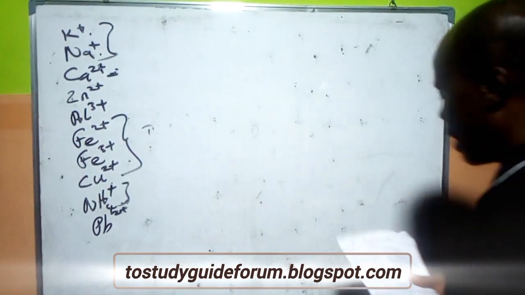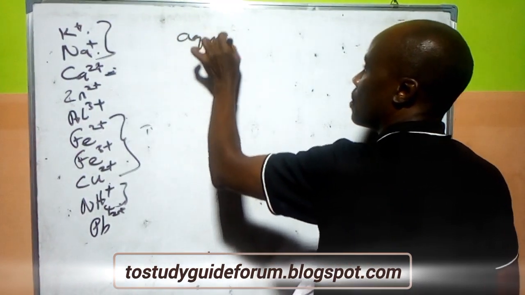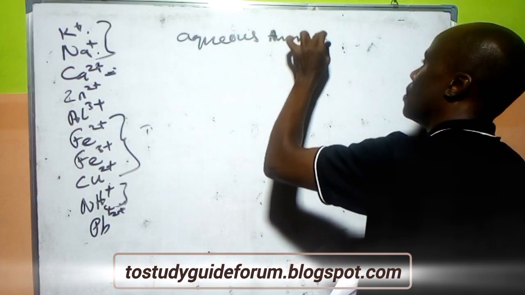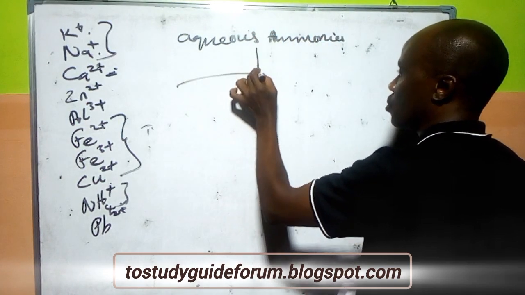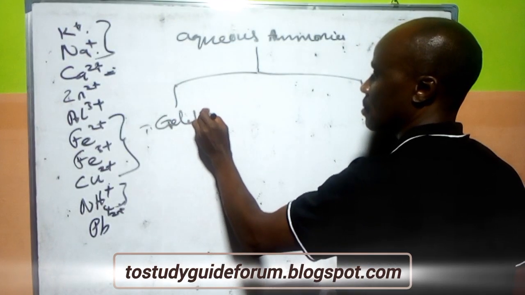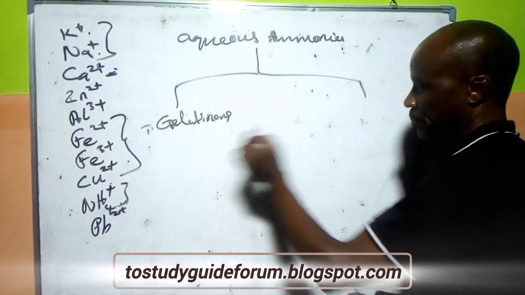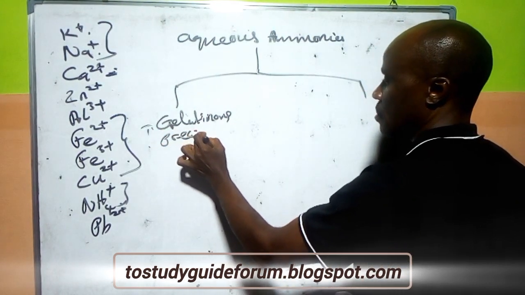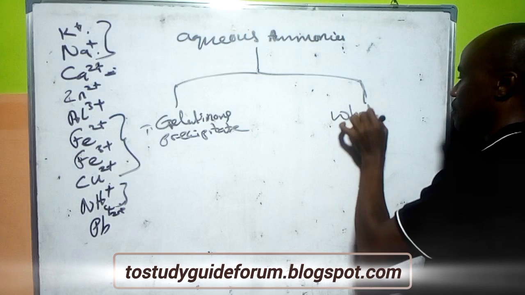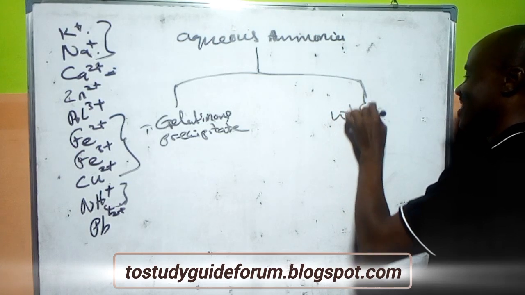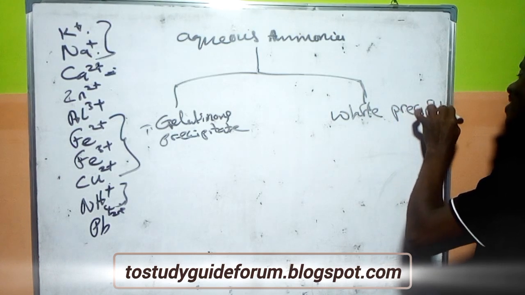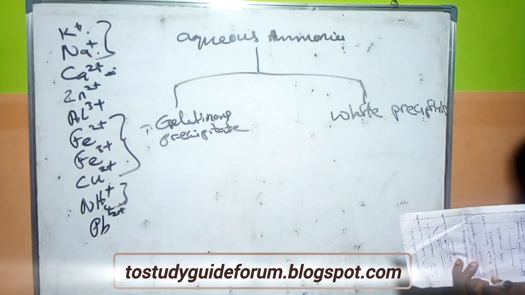So when we're testing with aqueous ammonia, we also have two types: gelatinous precipitates, and we also have white precipitates.